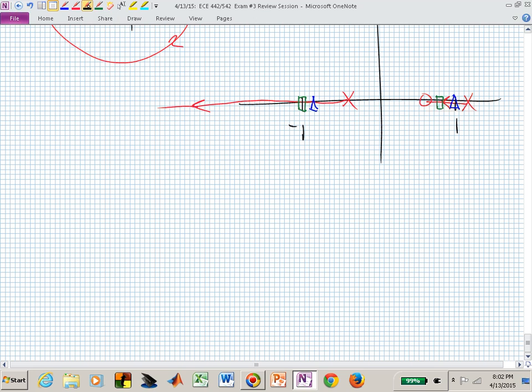Oh, let's get a little bit more interesting. Suppose that we now have a pole there, a pole here, and a pole here, where this is now at 1, and this is at, so you'll need to draw these better than I am.